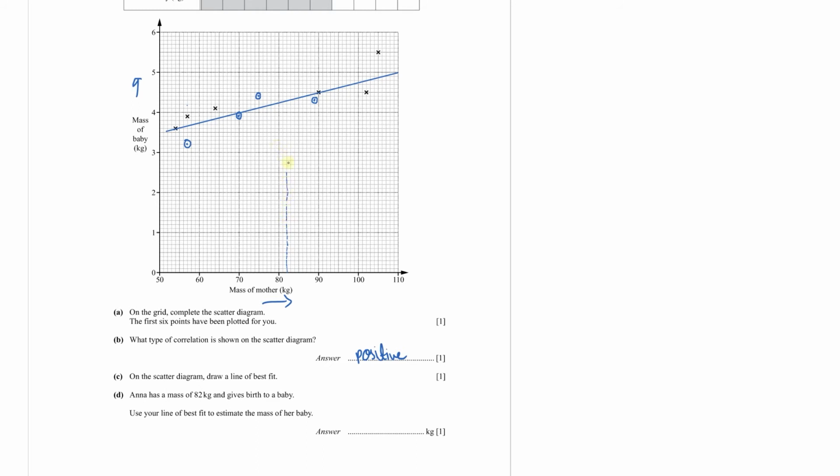If you keep going up, it intersects at this point. This is three small blocks above 4, so this will be 4.3. So the mass of the baby will be 4.3 kg.